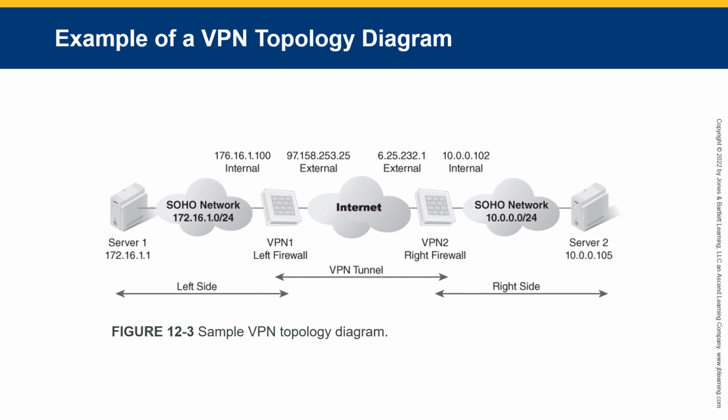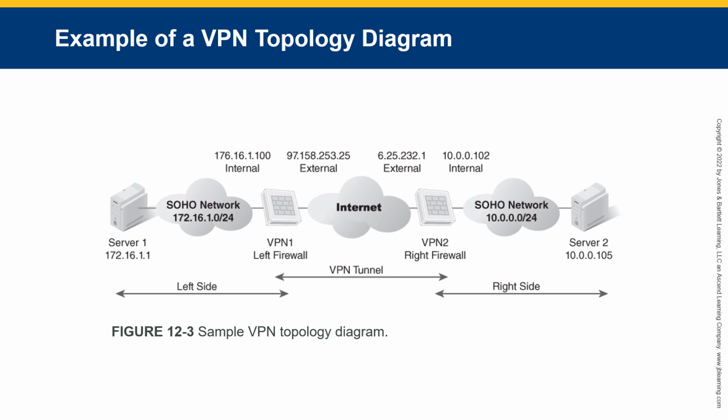Now the VPN is going to have a gateway of 176. That's possibly supposed to be 172.16.1.100. All right, because their internal address is 172.16.1.1 the same. So I'm guessing that's a typo there.